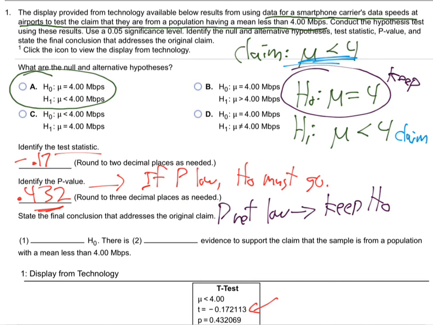Now, what does that mean about weak evidence, strong evidence? That's why I wrote this on the board. Whenever you're keeping H0, that is always weak evidence, not strong. And whenever you're doing H1, that's strong. Remember, that's like the court of law. Why am I saying that? Because we assume H0. Do you get how this test works? It's just like the court of law. What do they do in a court of law?